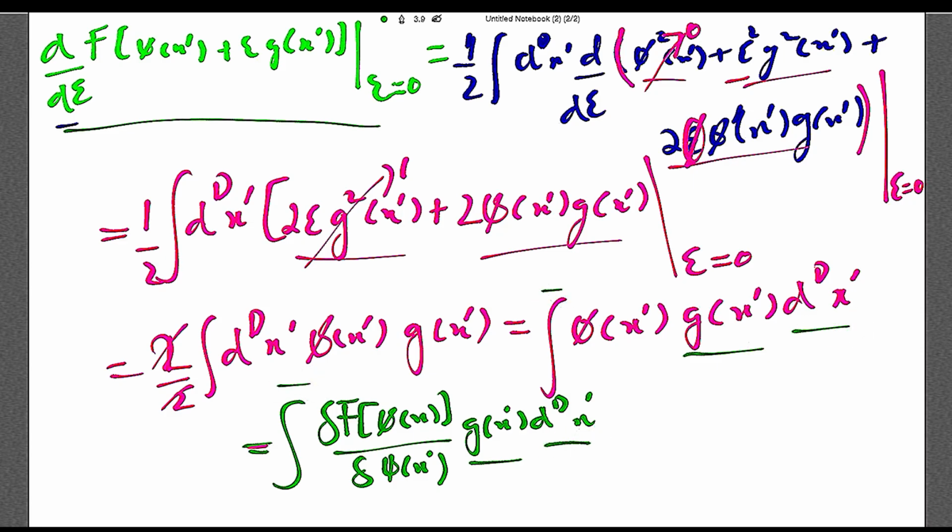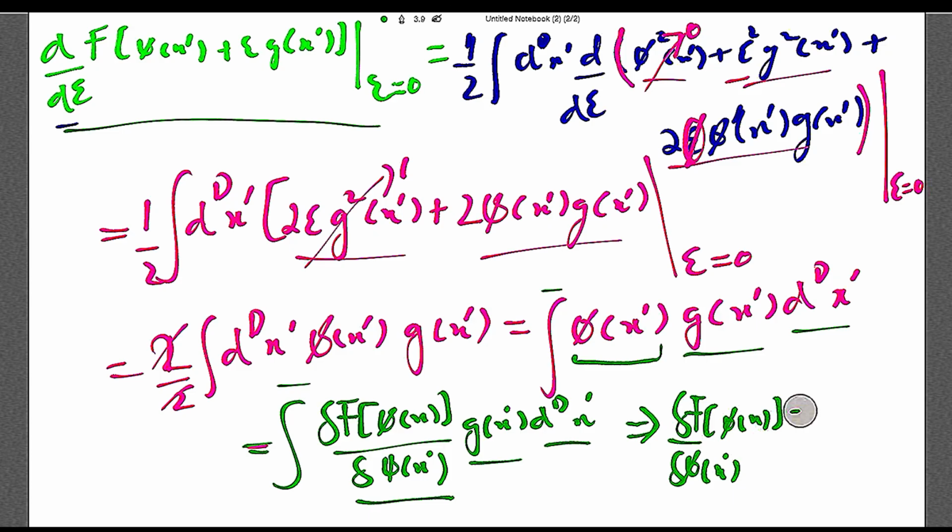So anything else will be the functional derivative, and you can see that here it's only this quantity, hence the functional derivative is phi of x prime. So this implies that you have successfully calculated the functional derivative that you wanted to calculate, and that is equal to phi of x prime.